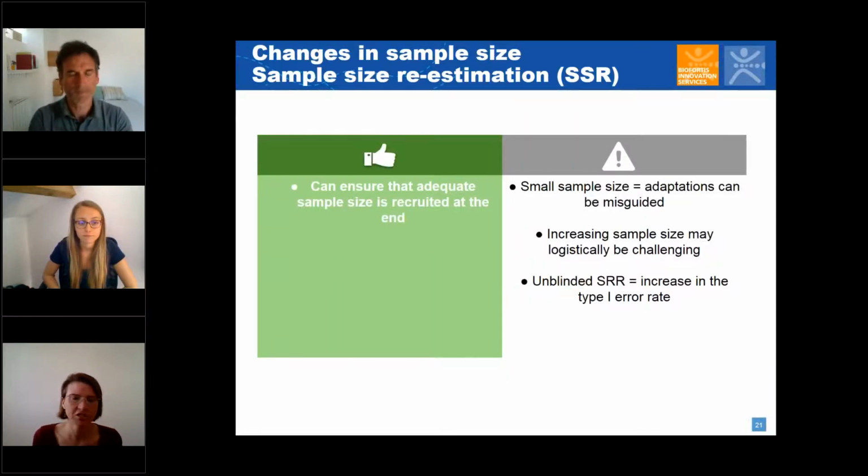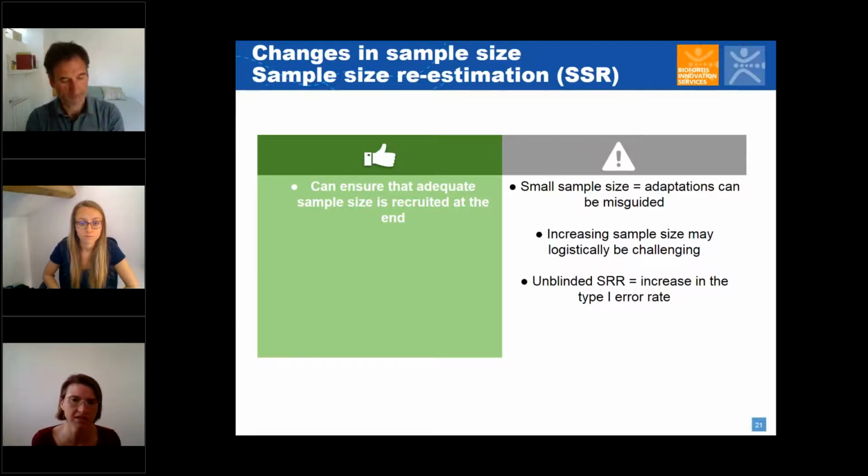The main advantage of the sample size re-estimation is to ensure that adequate sample size is recruited at the end of the study, maintaining the power of a study to detect a treatment effect. This type of adaptive trial must be taken with caution because estimators of variance or of treatment effect during the first interim analysis can be hardly stable, specifically with small sample size.